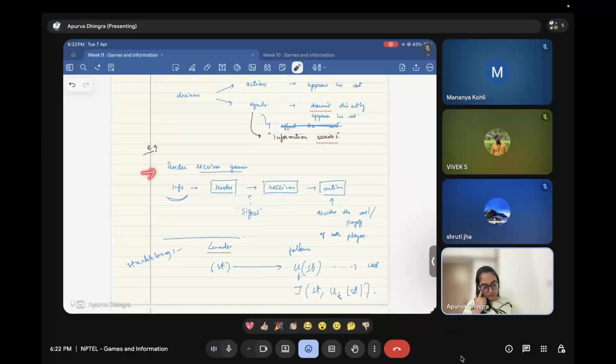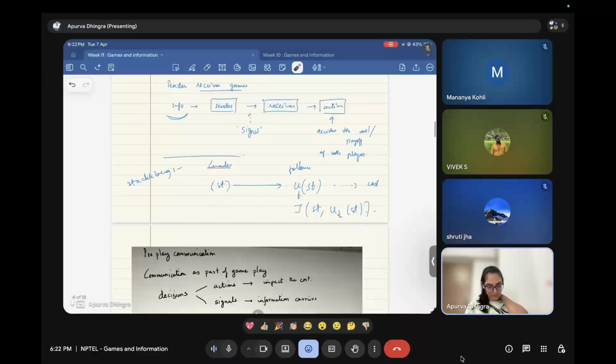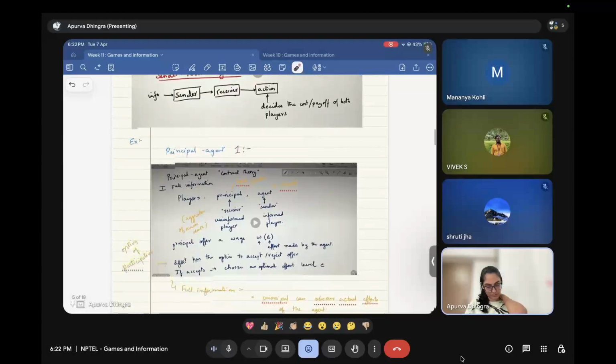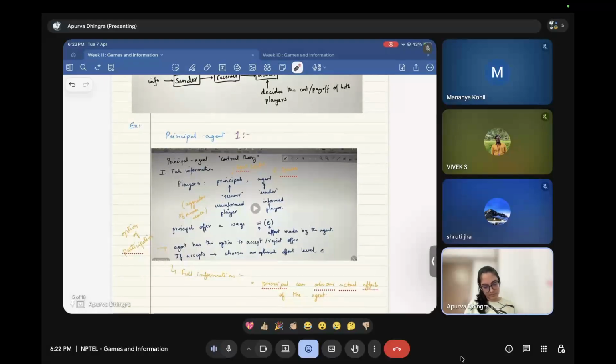So let's talk a little bit more specifically about the kind of situations that are possible with sender-receiver games. One of these is the principal-agent examples.